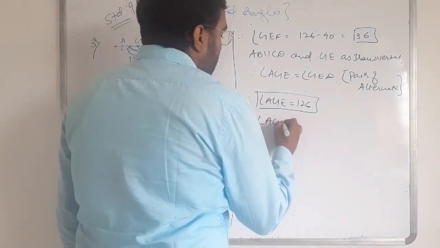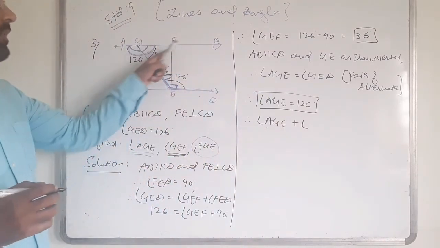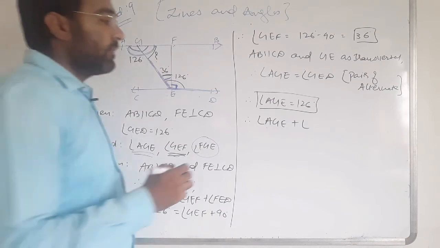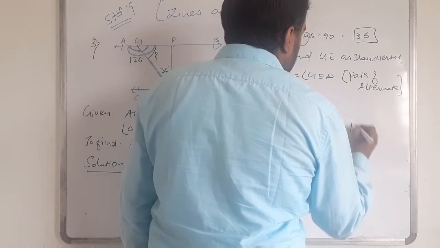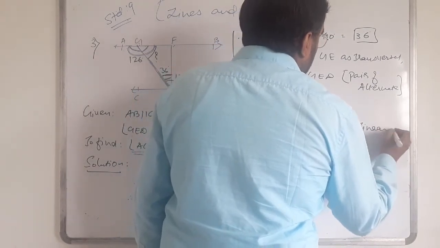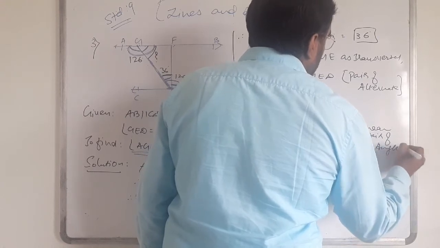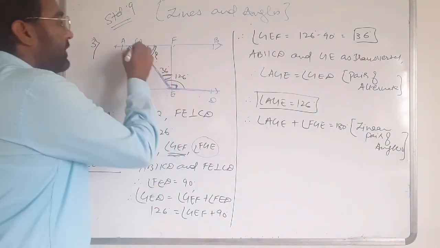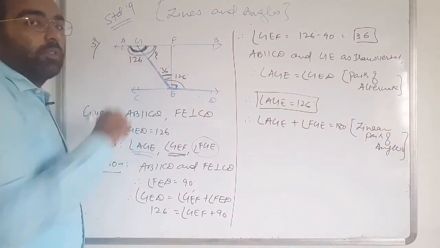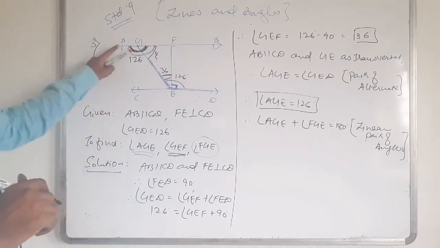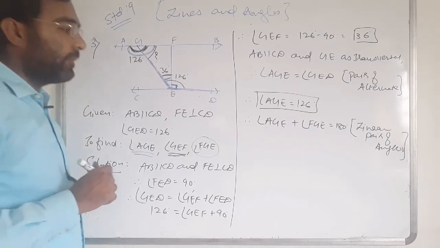Therefore angle AGE plus angle FGE is equal to 180 degrees, since a linear pair makes 180 degrees.